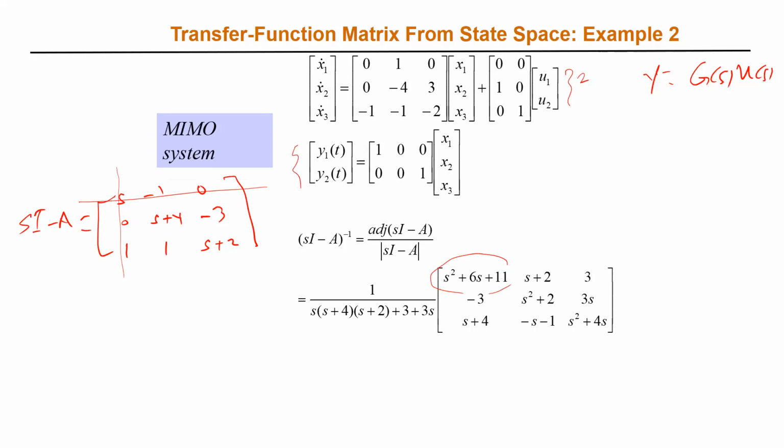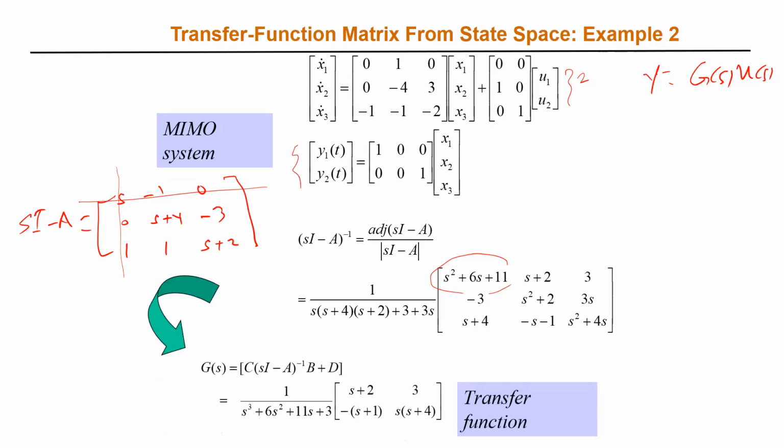There are many methods to take the inverse, and any method will help you. Then pre-multiply by the C matrix, post-multiply by the B matrix, and this is your transfer function. As we have said, it is a 2 by 2 transfer function.